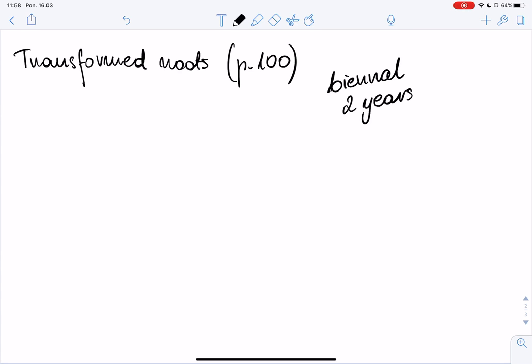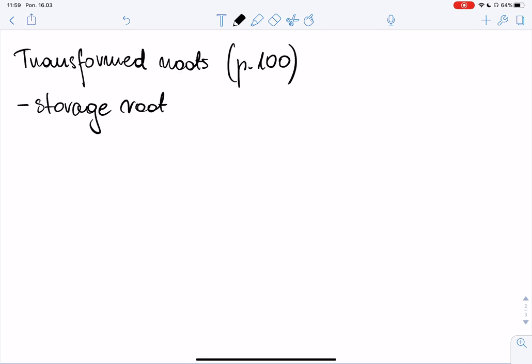So 1 year it just sprouts, and the second year it's able to create flowers and then create seeds. So it has to survive winter somehow. So carrot stores some of the food for the winter in its root, and this is called the storage root. Storage root. And examples are carrot, for instance, but there are more of them, but let's leave it for now.